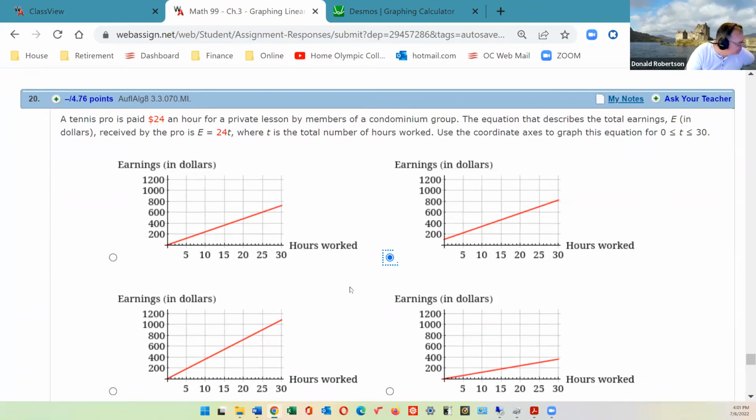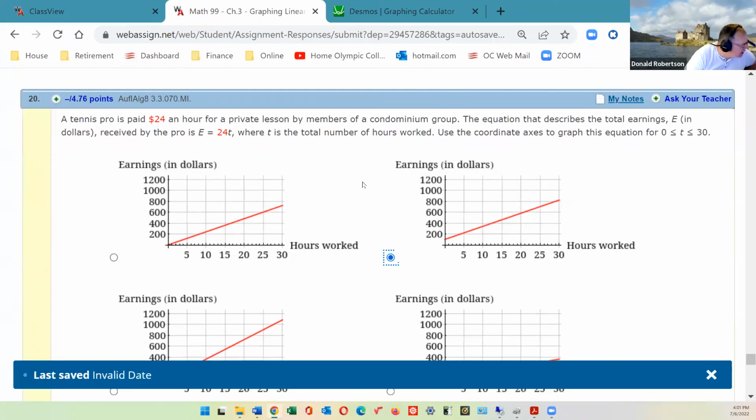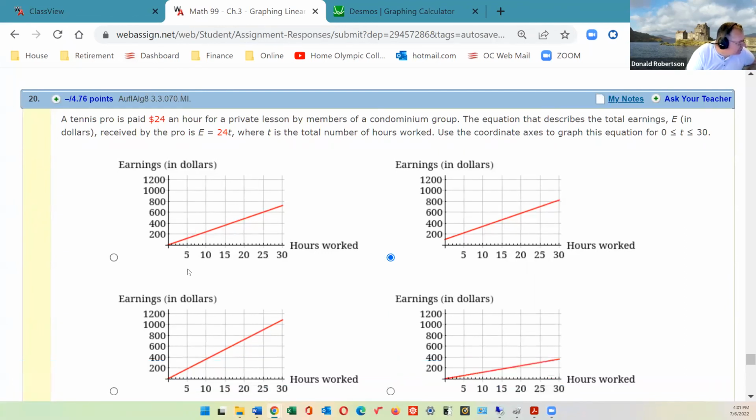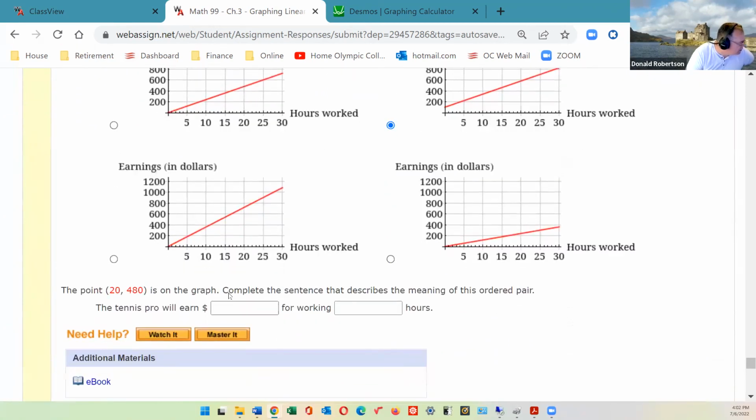It's above 0. Now, I would probably pick a number that's easy to locate, so I would choose 10. Let's see what happens if he works 10 hours. He will earn 24 times 10, which is 240. So I'm going to look for (10, 240) on each graph.